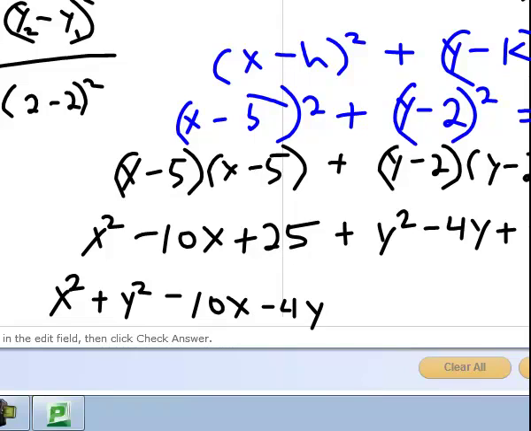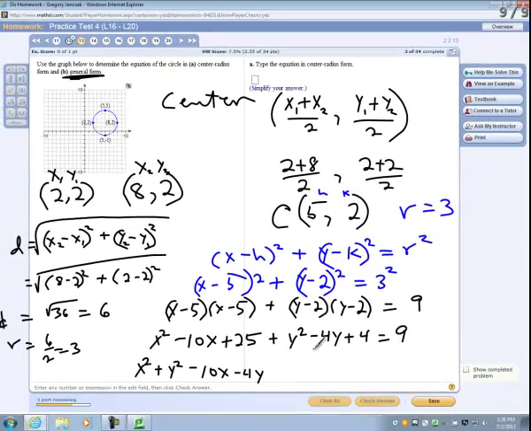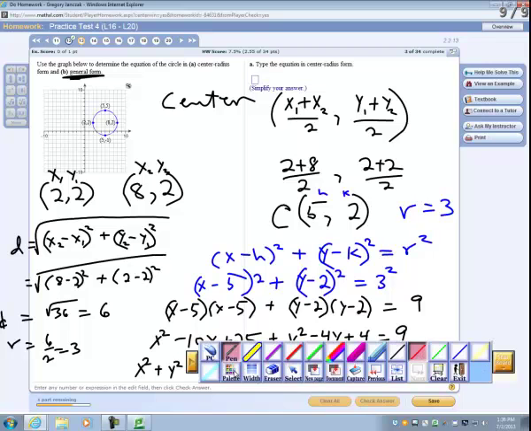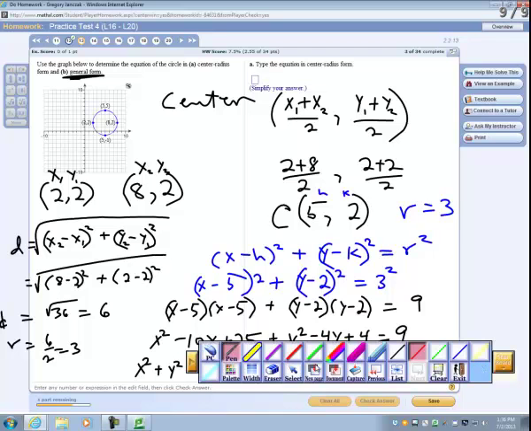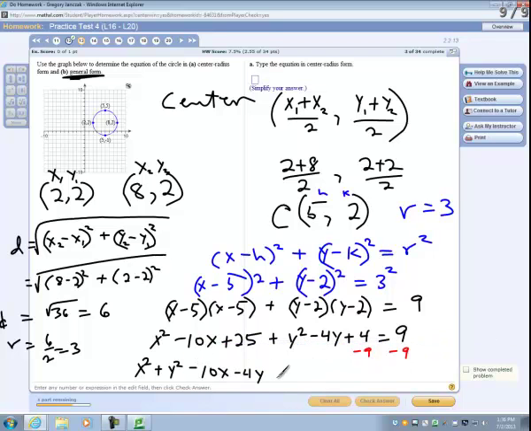And then plus 25 and 4 is 29, but we have to move that 9 over. And so that'll be plus 20, equal to 0.